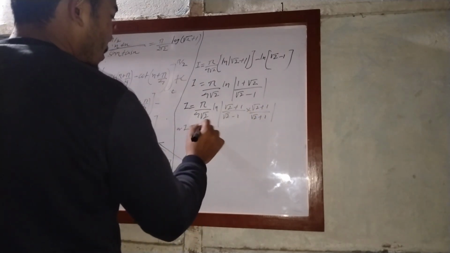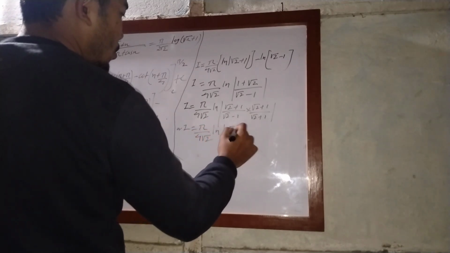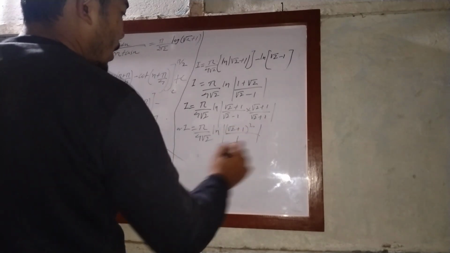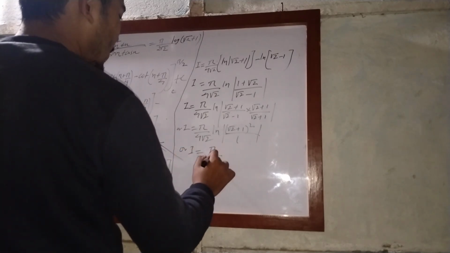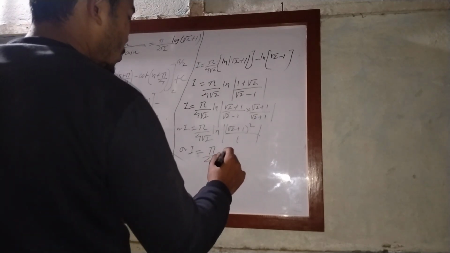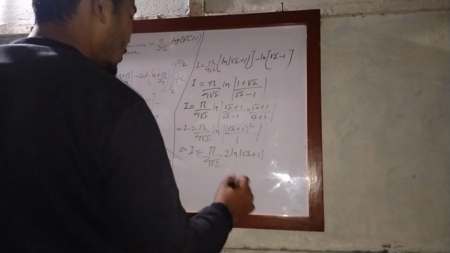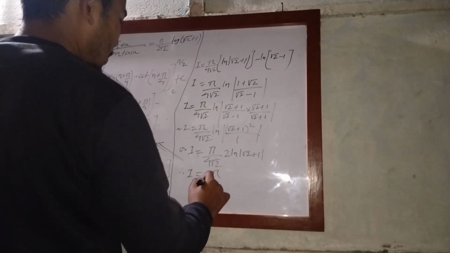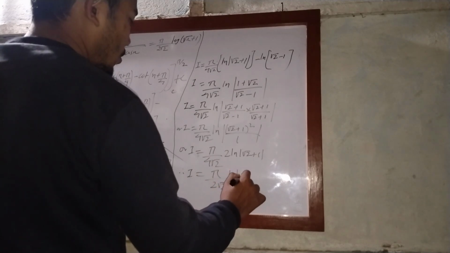I is equal to pi by 4 root 2 ln (root 2 plus 1) whole square by 1. So I is equal to pi by 4 root 2, this 2 ln root 2 plus 1. Now therefore I is equal to pi by 2 root 2 ln root 2 plus 1.